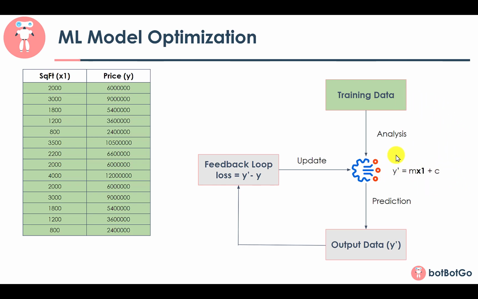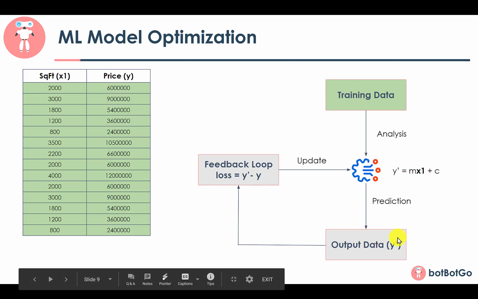Then with the help of this model, you're trying to make predictions, which is Y dash. So Y dash is the prediction coming out of the model, whereas Y is the actual price. Let's say, for example, 2000 is the input, which is X1, and Y is the actual price, whereas Y dash is the prediction out of the model.